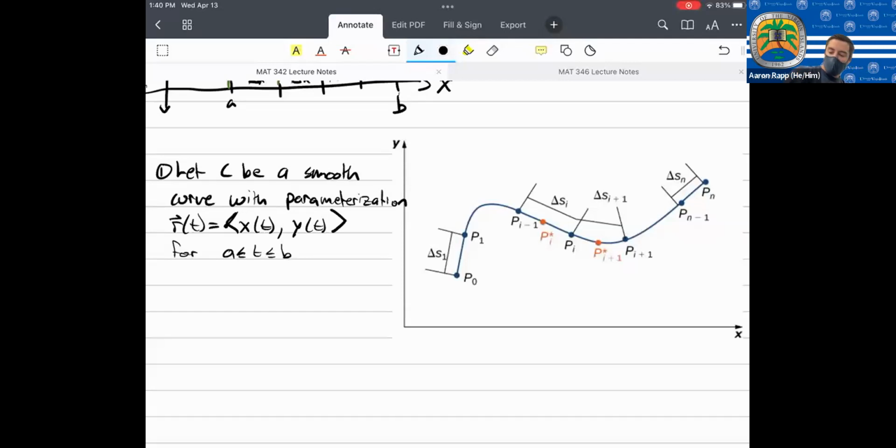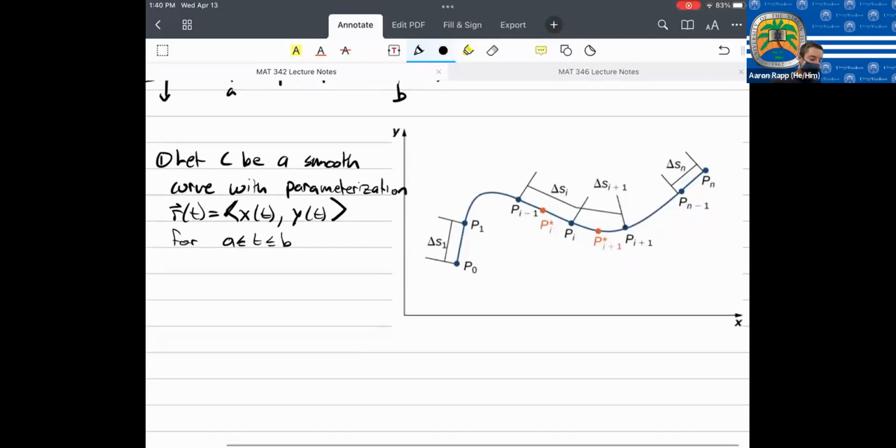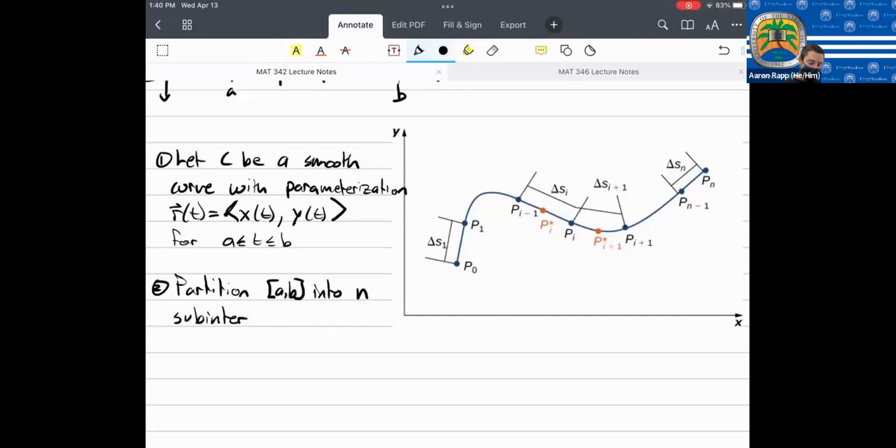Okay. So once you have that, we're going to partition that interval in time, my variable T, into little n subintervals. That's that Sn that we see up there.